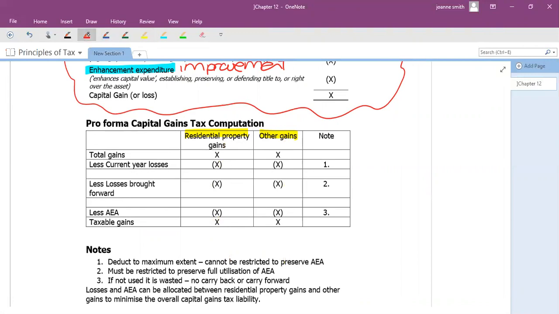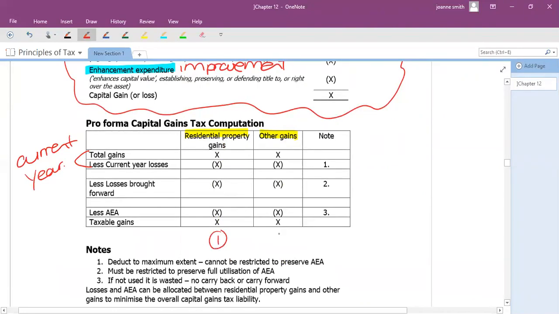All right, so this is not optional. You must net off everything that is for your current year. Remember, any deductions you want to take go against the residential gains over the other gains, and that's because residential will be subject to a higher tax rate than your others. Remember, the sort of things you can deduct are losses brought forward and annual exemptions.